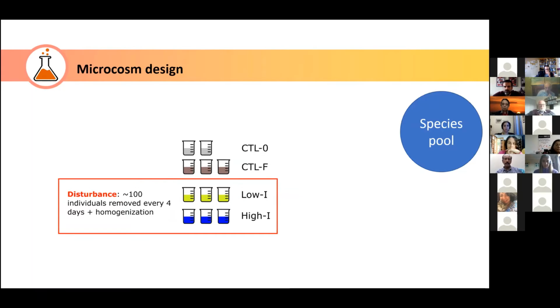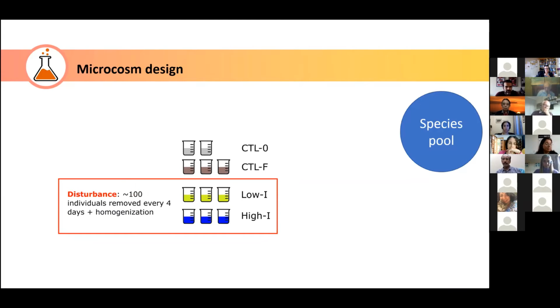The disturbance consisted of first homogenizing each microcosm, removing about 10 grams of sediment and associated fauna, and replacing the sediment with azoic sediment. We counted the 10 grams of sediment, and each removal corresponded to 100 individuals.